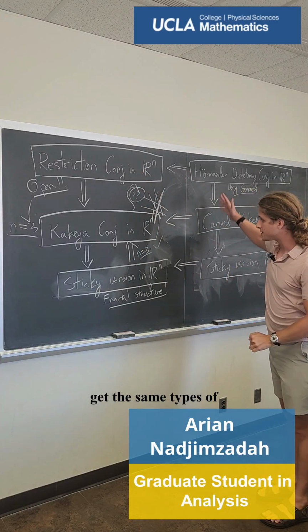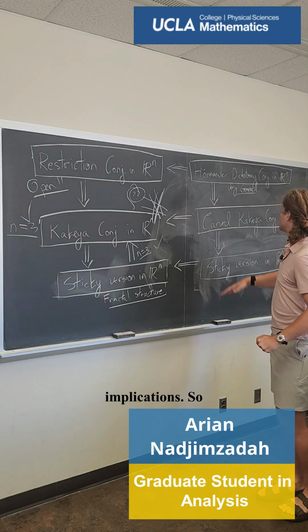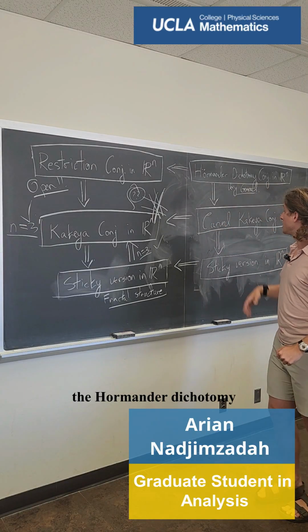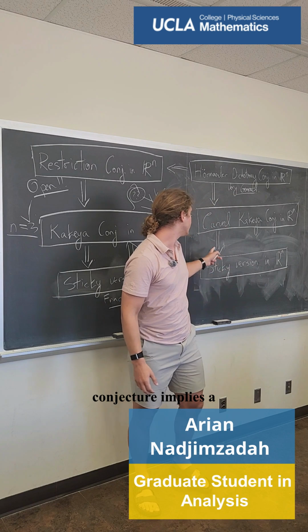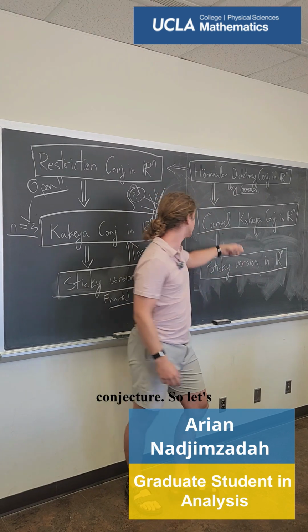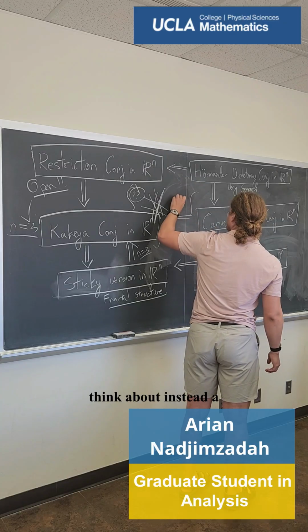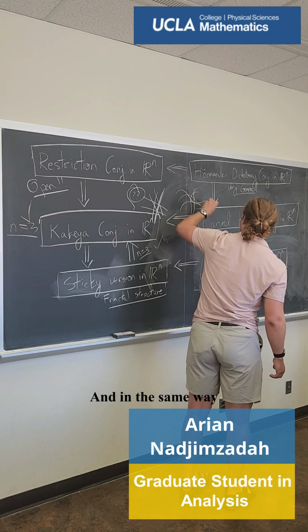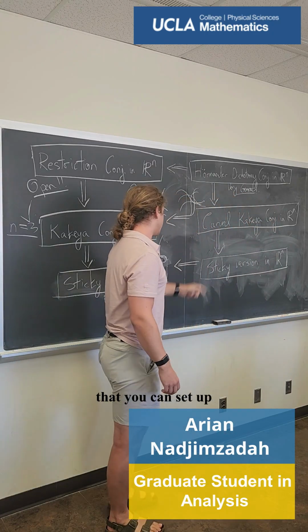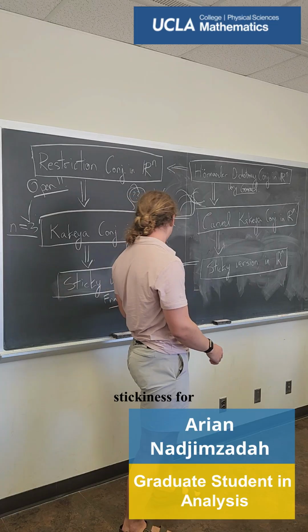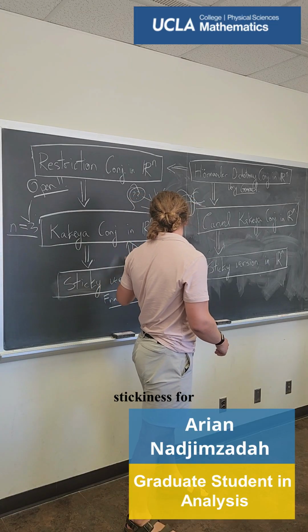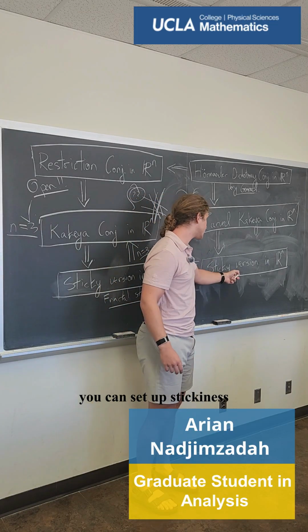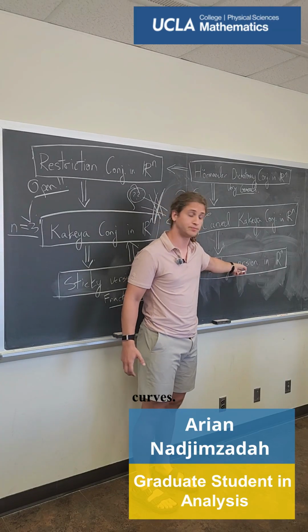Now, we get the same types of implications. So the Hormander dichotomy conjecture implies a curved version of the Kakeya conjecture. So let's think about instead a union of curves. And in the same way that you can set up stickiness for Kakeya sets of lines, you can set up stickiness for Kakeya sets of curves.